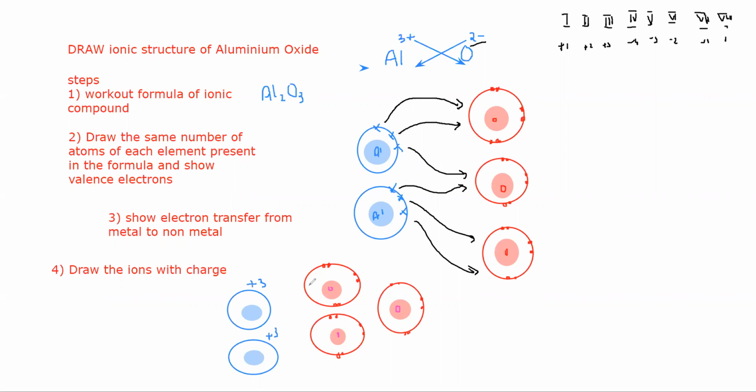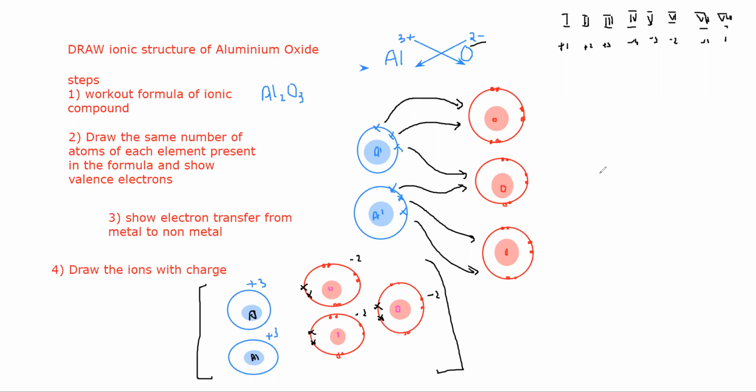We should use different symbols. -2, -2, -2. So this is the final structure of aluminium oxide.